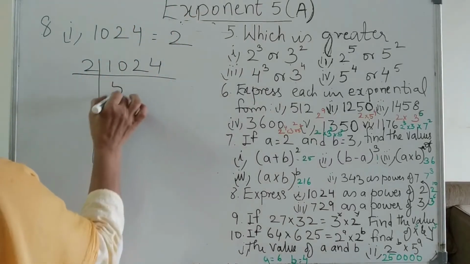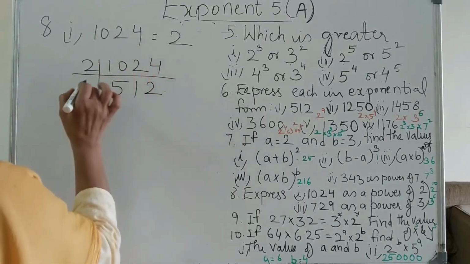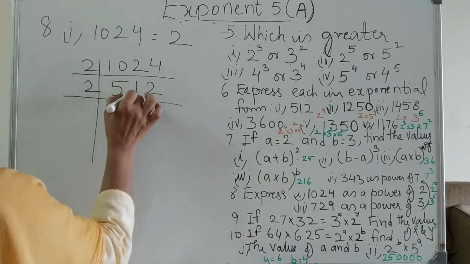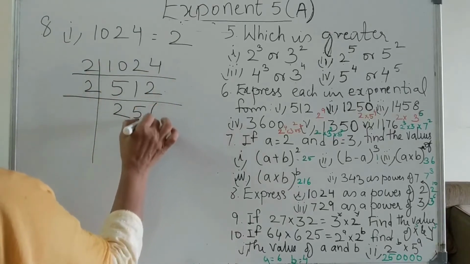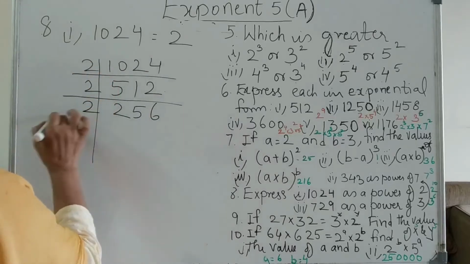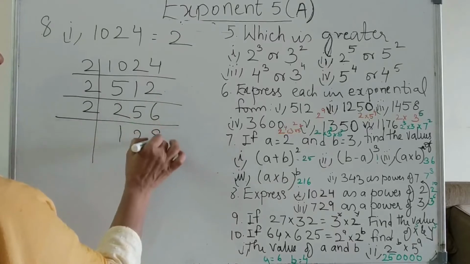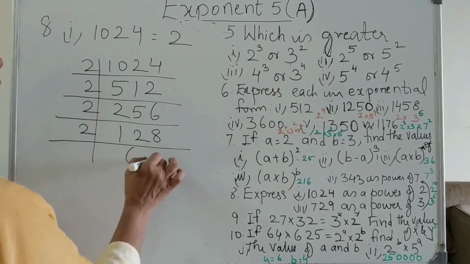So 2 5s are 10, 2 1s are 2, 2 2s are 4. Again you divide by 2, 2 2s are 4, 1 is remaining, 512. Again 256, then 128. Again 64.